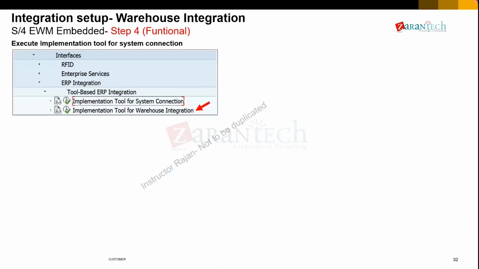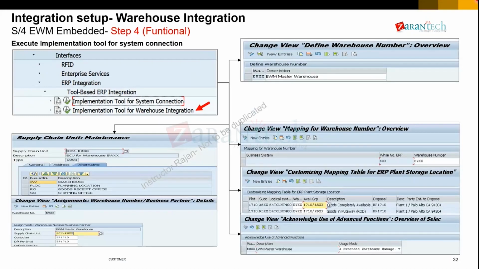Coming to warehouse integration, the next step, number 4, which is done by the functional guys. After going through this wizard, the EWM warehouse number is created with basic controls, and also the assignment of the intermediate warehouse to the main warehouse happens, and the planned storage location is mapped to the availability group.